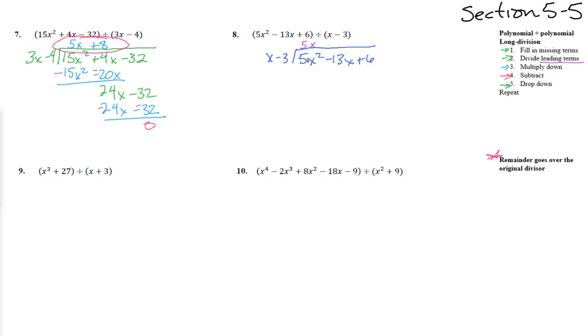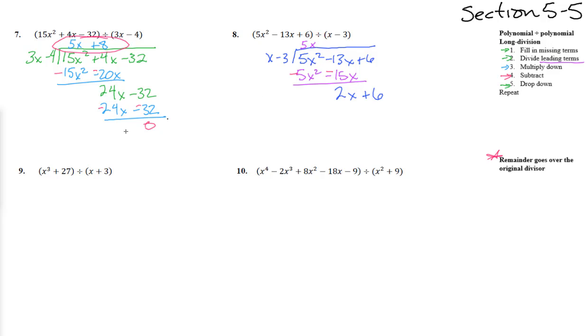We need to divide 5x squared by x so that when we multiply these, we get exactly, let's multiply down. 5x times x is 5x squared. 5x times a negative 3, make sure you multiply both of those terms there, minus 15x. Now step 4, we subtract. And we get 5x squared minus 5x squared is gone. Negative 13x minus a negative 15x is a positive 2x plus 6.